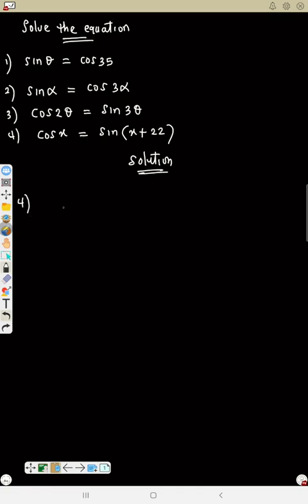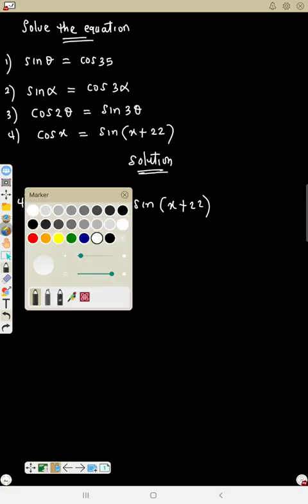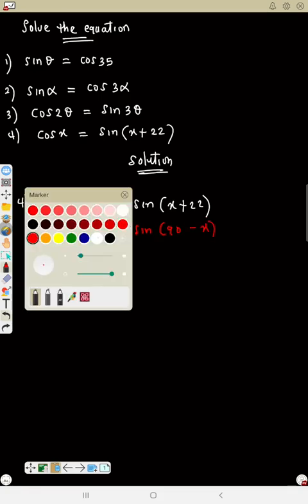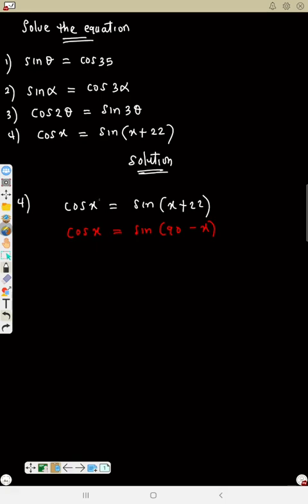Number 4: cos x is equal to sine x plus 22. Which identity are you going to use? Cos x will be equal to sine 90 minus x. If you compare the two, cos x is sine x plus 22.